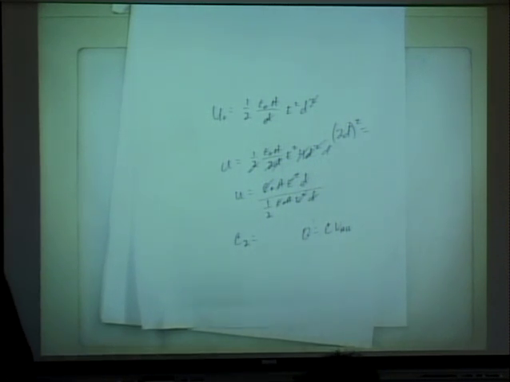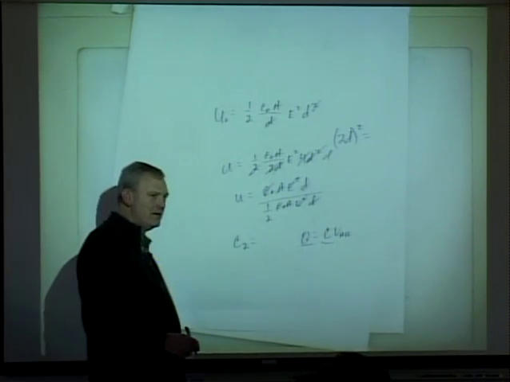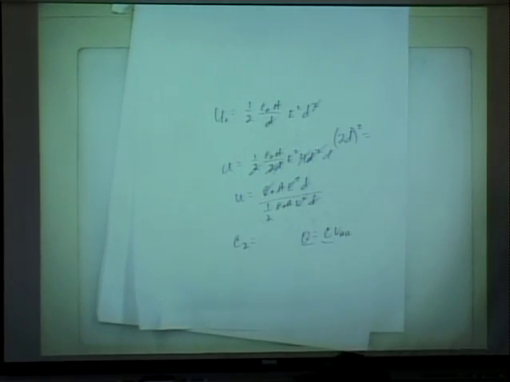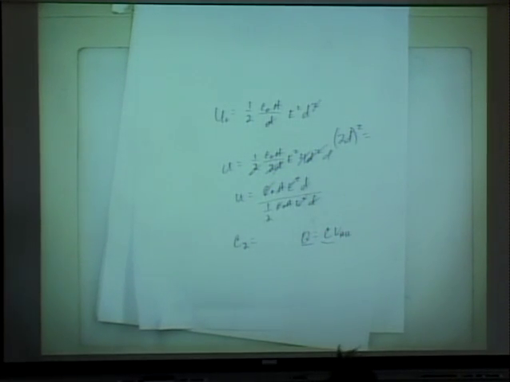So if they give you Q and they give you C, can you find that voltage? Yeah, and then you can go back through and find what Q1 is, what Q2 is on those capacitors, and then you can find what Q3 is also.